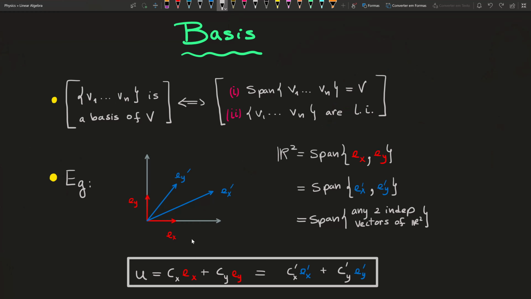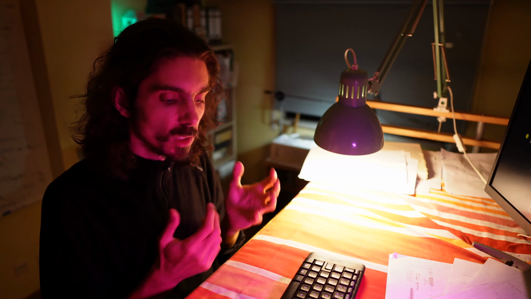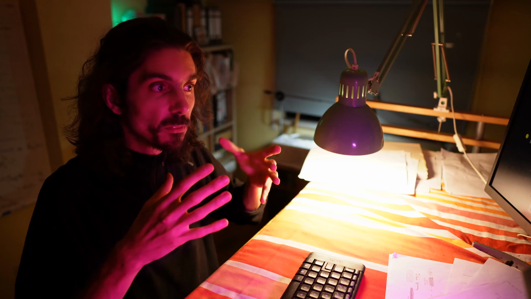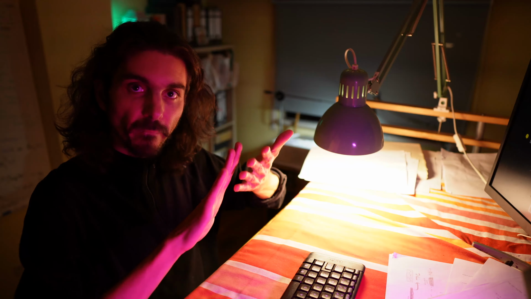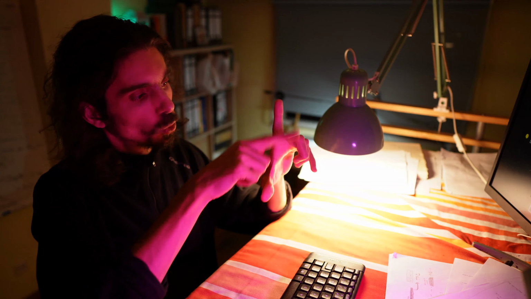But if I consider a second basis, Ex prime and Ey prime in blue, now I can write u with respect to this basis by some appropriate linear combination. This is very intuitive because u lives in this plane, and within this plane, I chose these two important reference vectors.